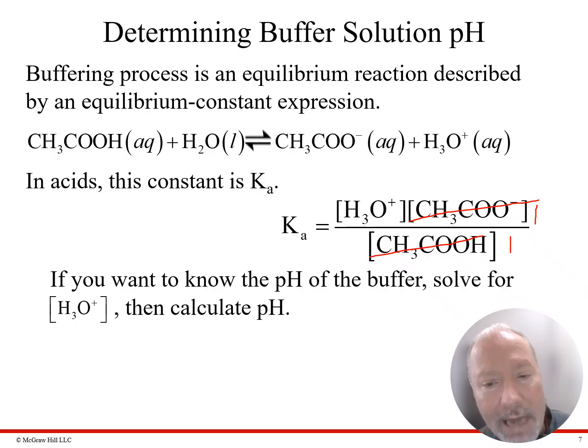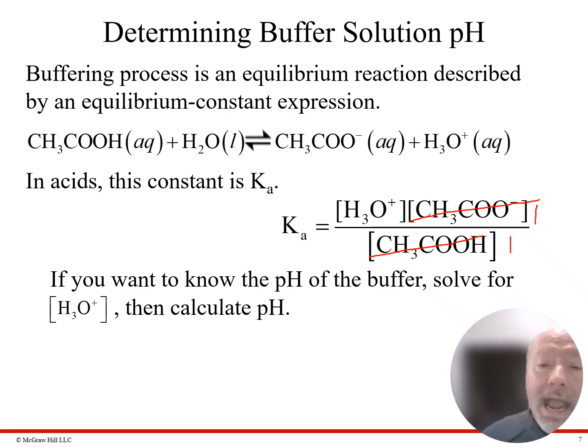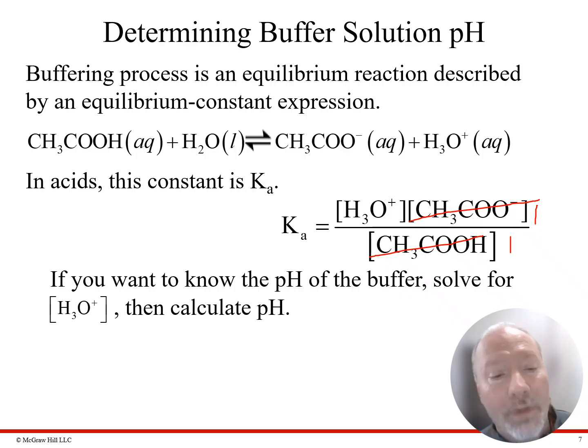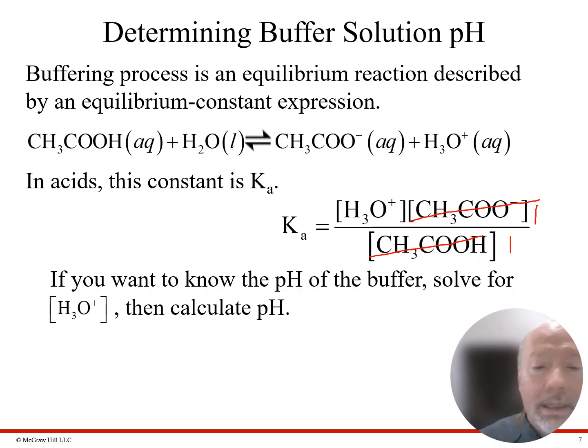And that's not always the case, but if it is, then Ka simply equals the hydronium cation concentration, and therefore is the pH of the solution. And you can look up Kas, and you know if you add weak acetic acid and the acetate ion in equal concentrations, the Ka value can be used to determine the pH. So if you want to know the pH of the buffer, you can solve for the hydronium cation concentration and then calculate pH by negative log of the hydronium concentration.